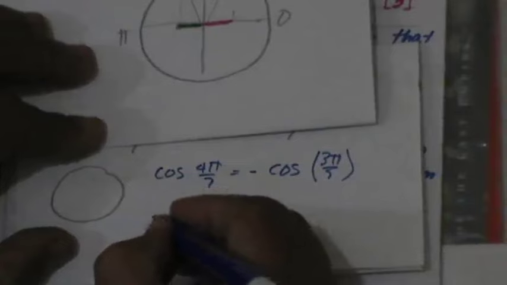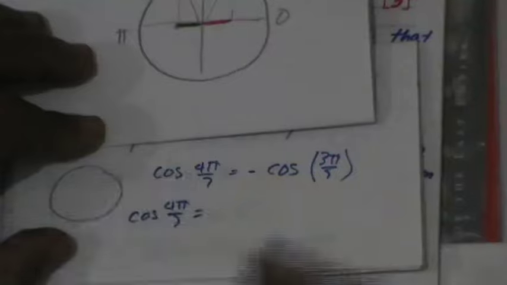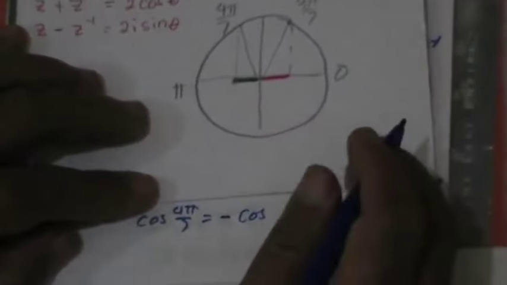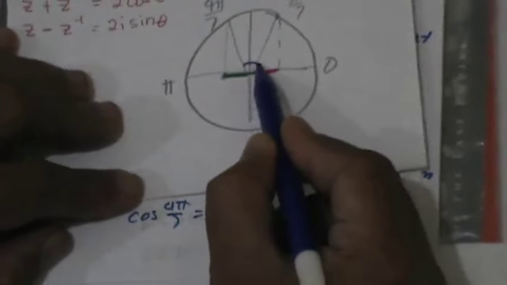In our question, what we want to show is that the cosine of 4 pi over 7 is equal to the negative of cosine of 3 pi over 7. So how shall we do it? The cosine of 4 pi over 7 is actually equal to what? The negative of the cosine of, wait, let me just adjust it, from 0 to pi minus this angle.